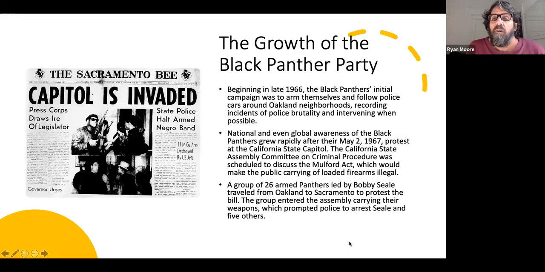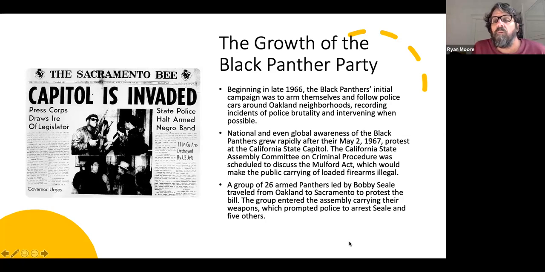How the Black Panthers spread beyond Oakland starts in May of 1967. National and even global awareness of the Panthers grows after a protest at the California state capitol in Sacramento.